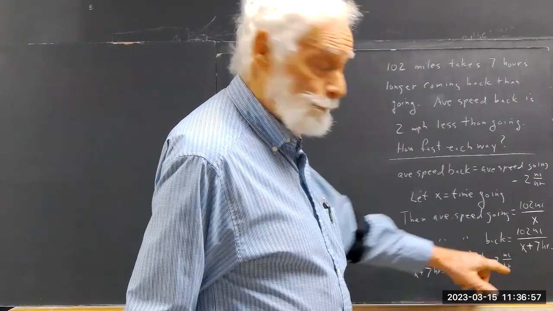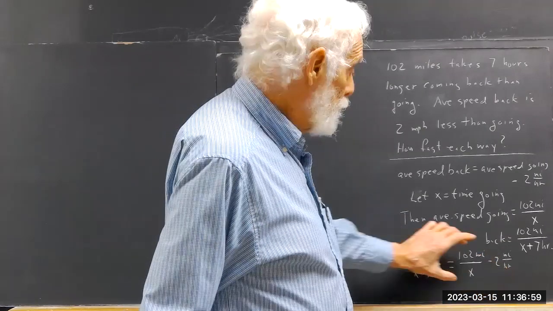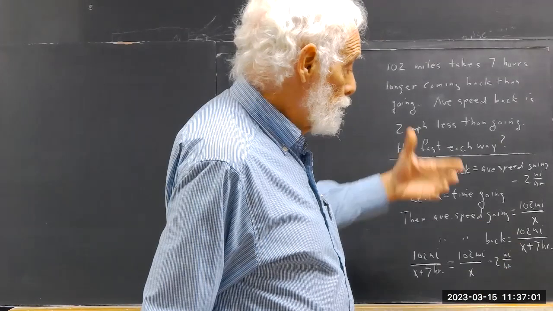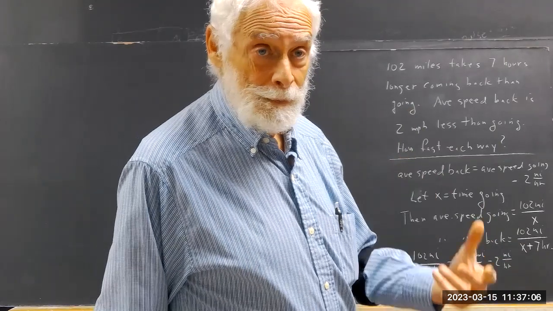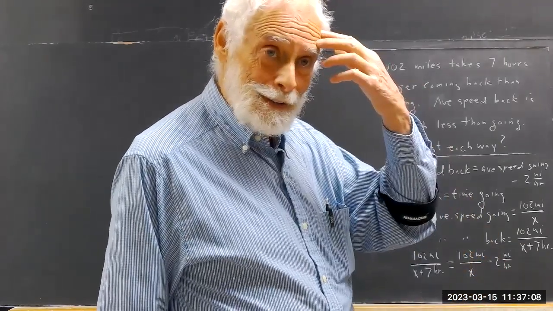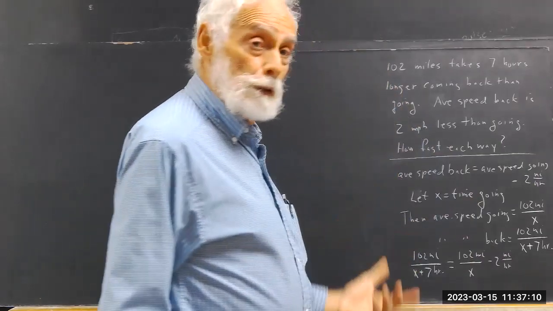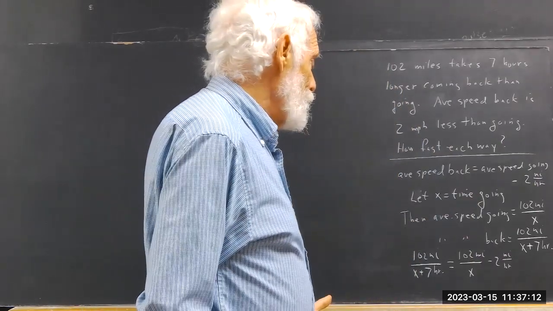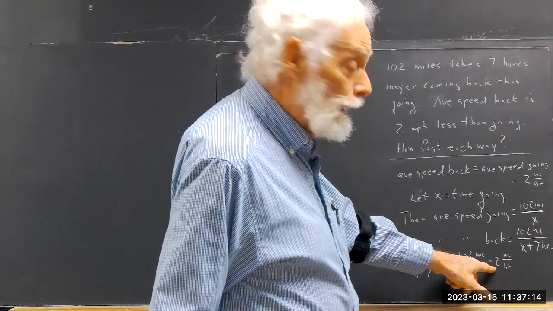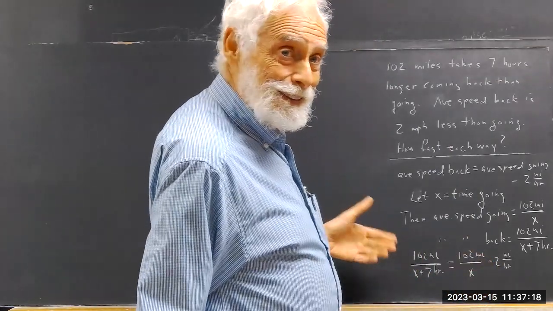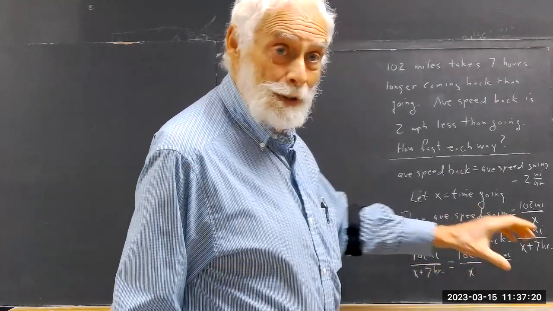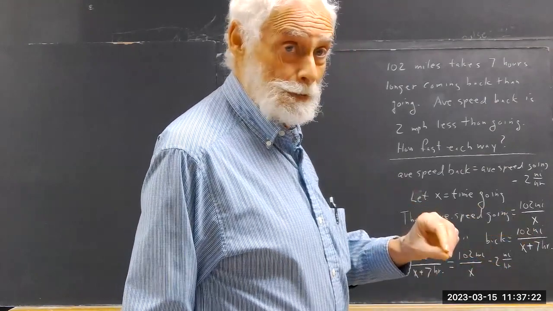Every one of these expressions has units of miles per hour, and it's always good to check that. If you have an error in your thinking, something's going to go wrong. If you think you subtract 7 hours here, or add 7 hours over here in the numerator, then the units aren't going to be the same on all of the expressions.